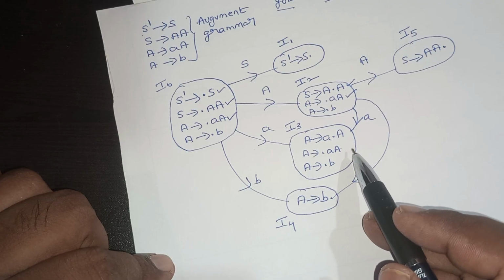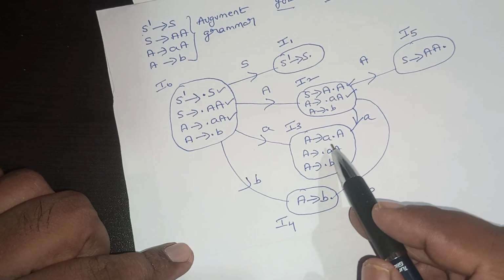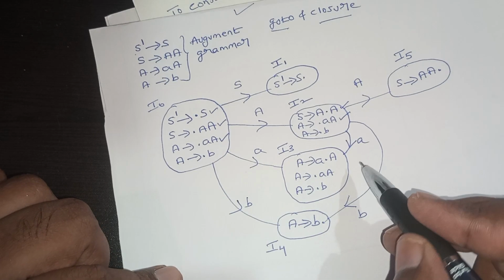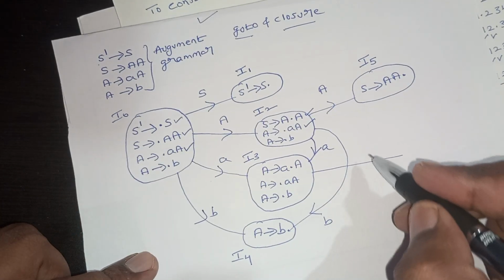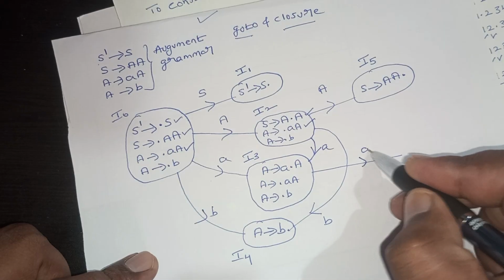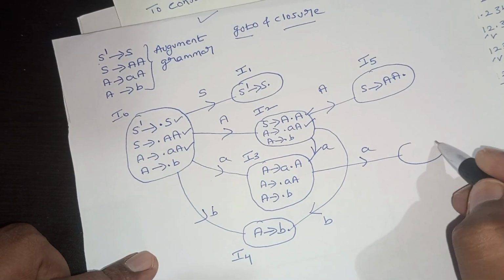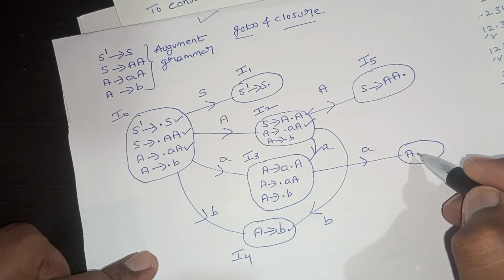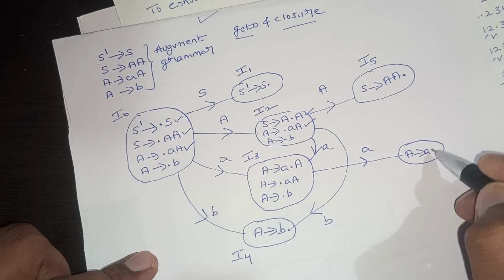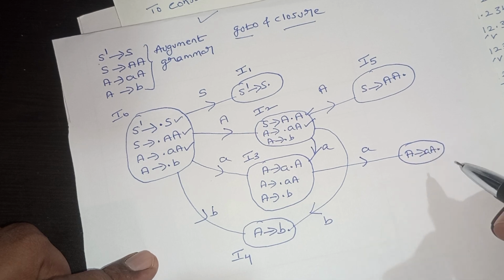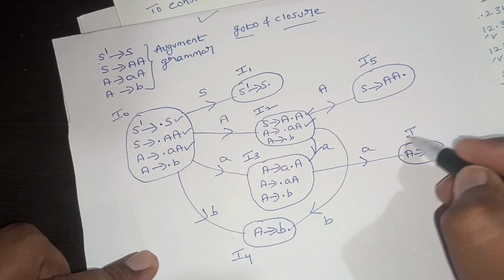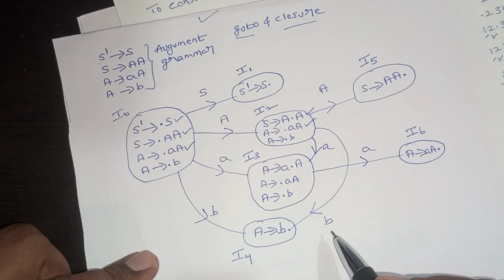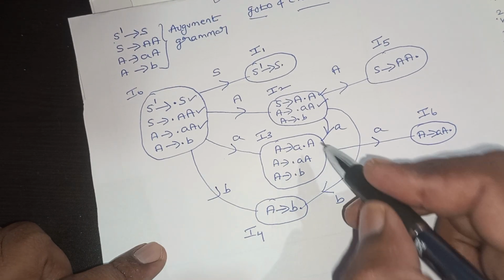Okay, now what do you do? So I want to go to on A, then what will be the output? A tends to... okay, A dot. Name it as I6. Now this is over.